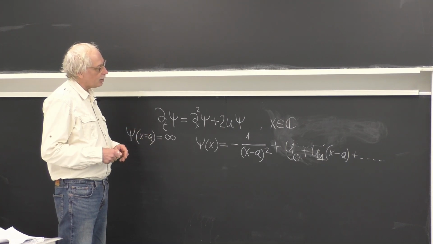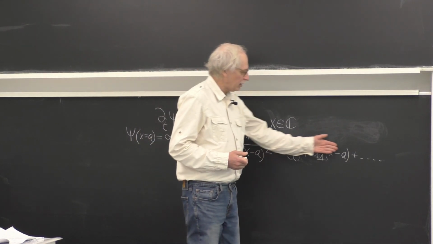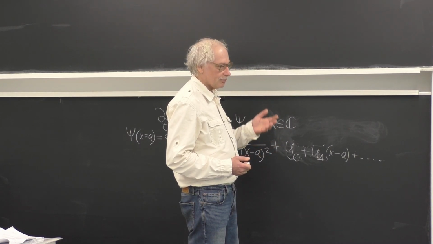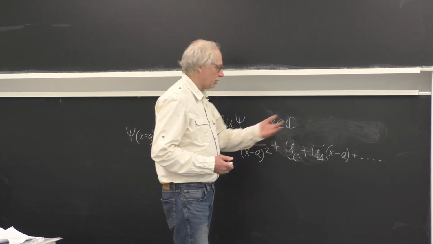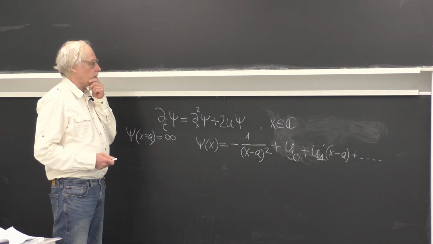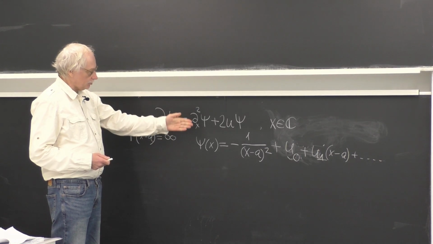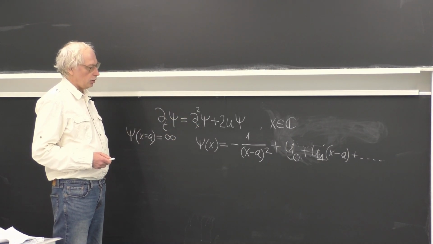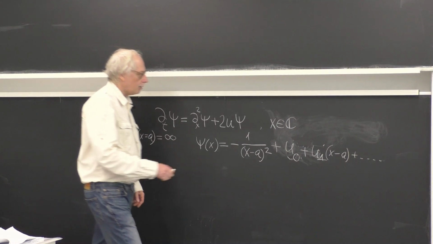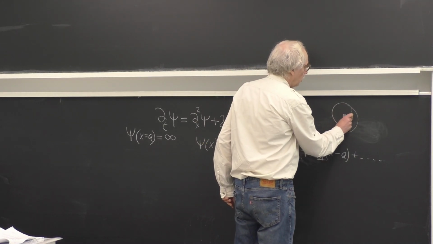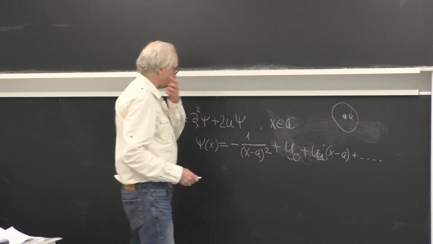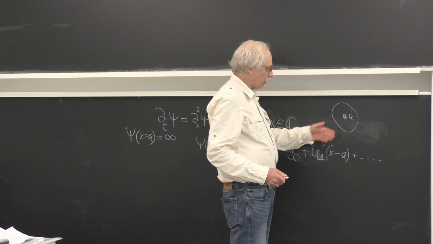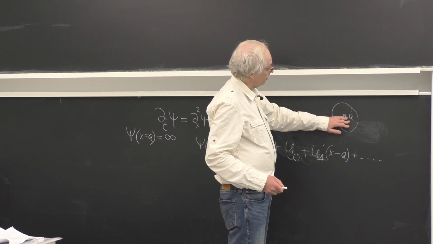Because in general, it may have singularities like logarithmic singularities or some ramification points, and we ask when there is a pure second order pole, just locally in a neighborhood of the point a. So we suppose that this series converges in some neighborhood of the point a.